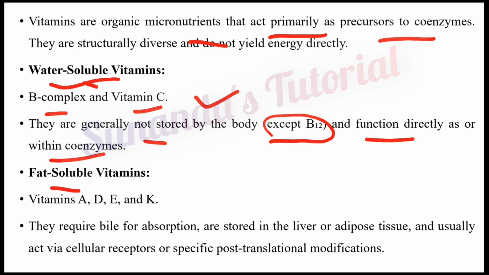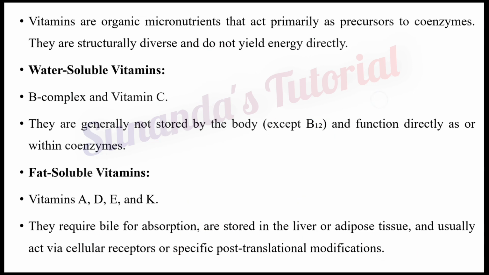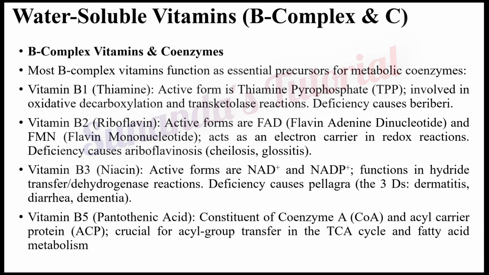Fat soluble vitamins like A, D, E and K require bile for absorption and are stored in the liver or adipose tissue. They usually act via cellular receptors or specific post translational modifications. So now we will discuss one by one.